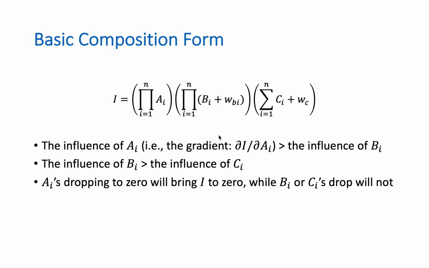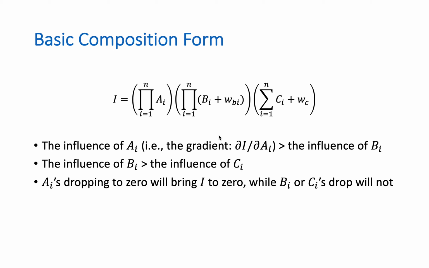After deciding the utility measure types, we can try to draft our composition form. We have drafted this composition form in a multiplicative form, where A, B, and C represent the different types of utility measure.